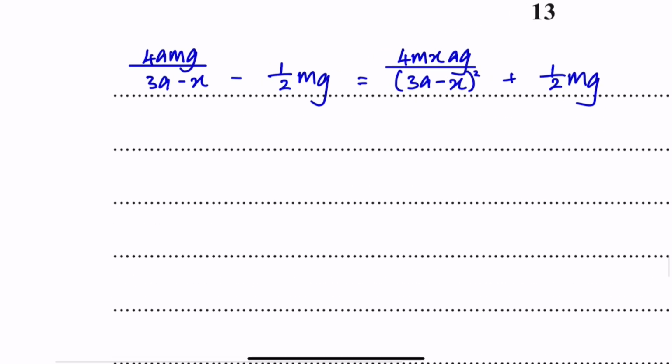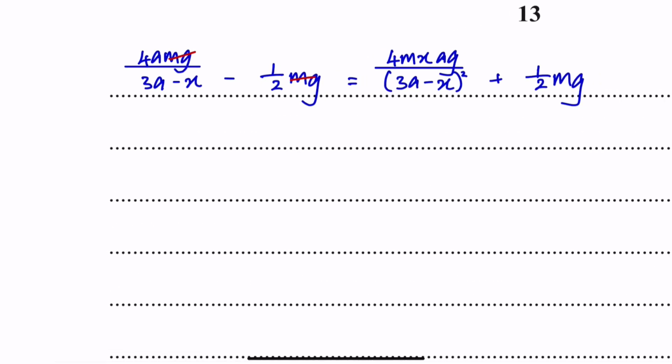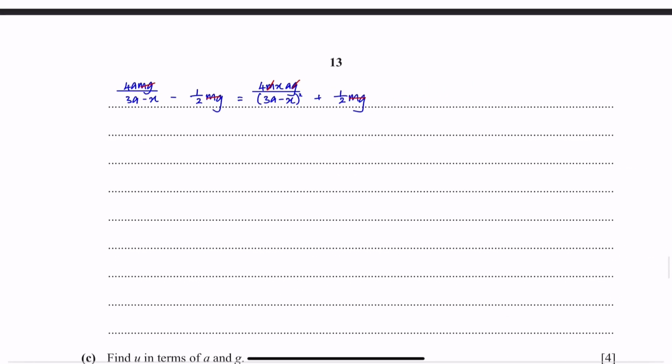So we can cancel all the mg's, and we multiply the whole equation by (3a minus x) squared.